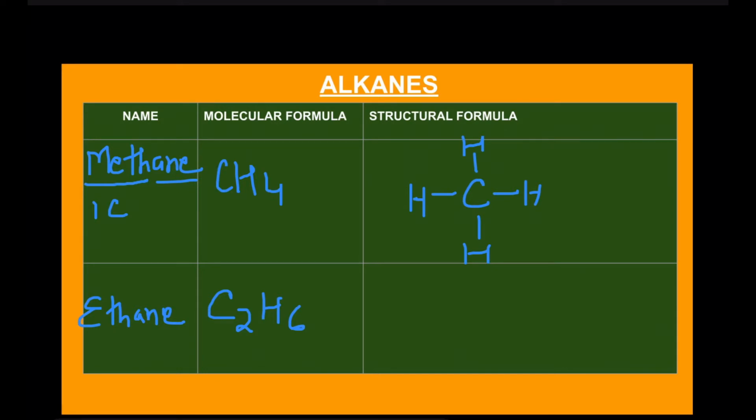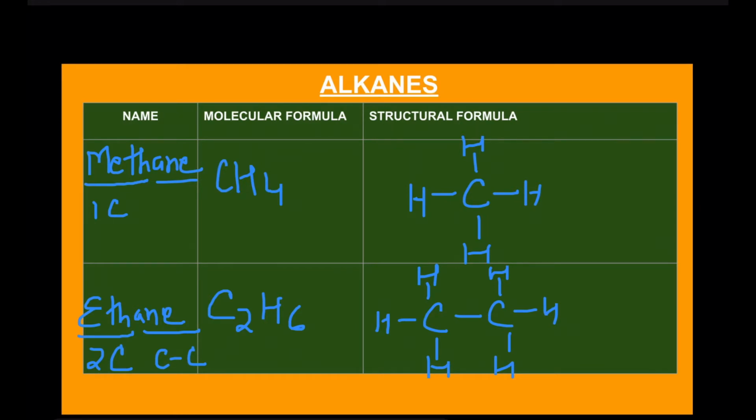In ethane, eth means 2 carbons and ane means single bond between carbon atoms. To write the structural formula, 2 carbons are bonded by a single bond, and then here are the hydrogens. So these are the first and the second homologues of the alkane series.